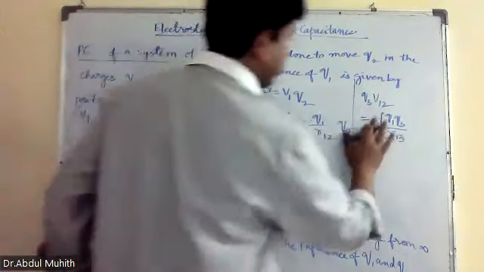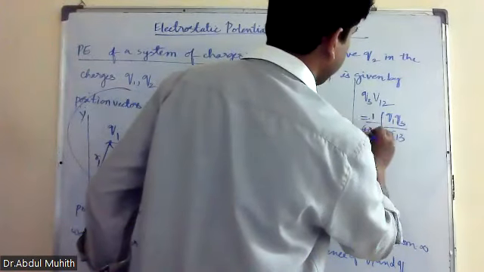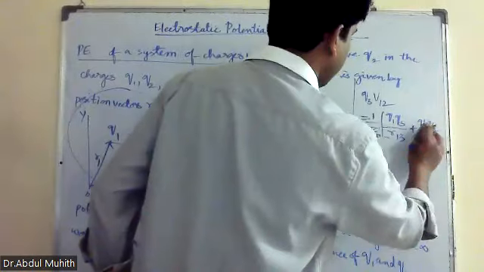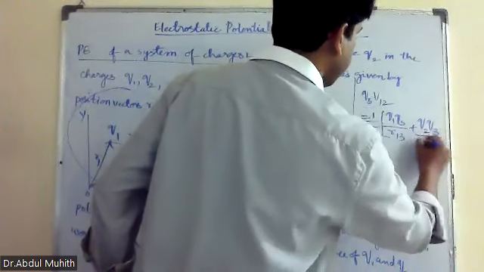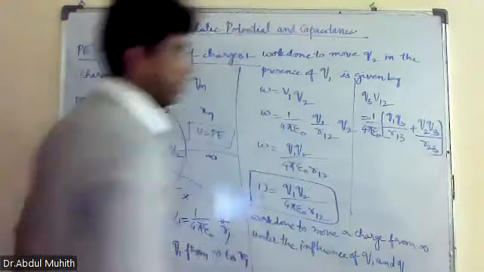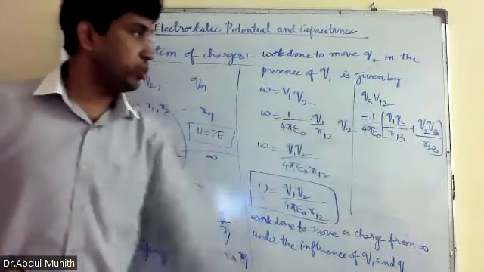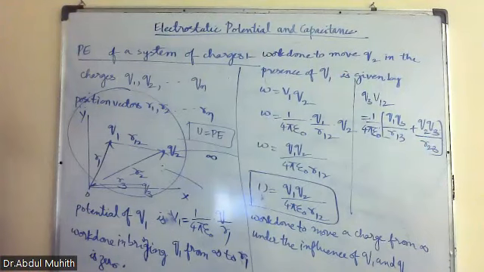Here I write 1 by 4 pi epsilon 0 into Q1, Q3 by R13 plus Q2, Q3 by R23. Is it clear? See here, we have Q1, Q3 by R13, Q2, Q3 by R23.